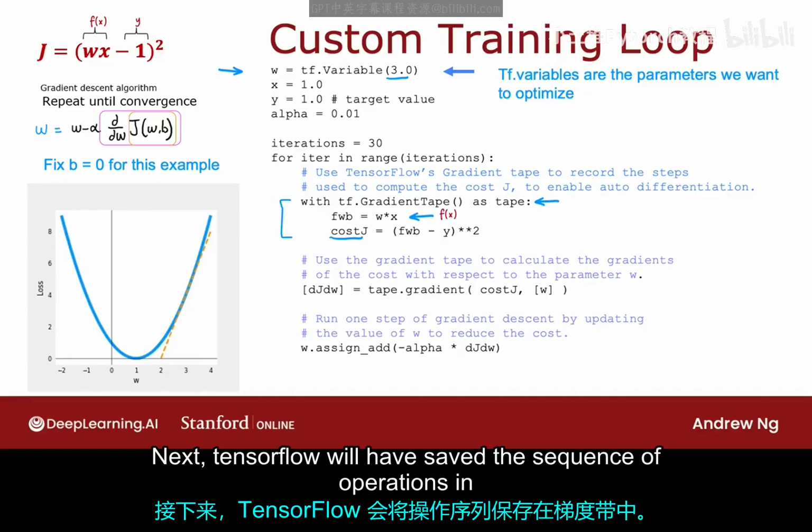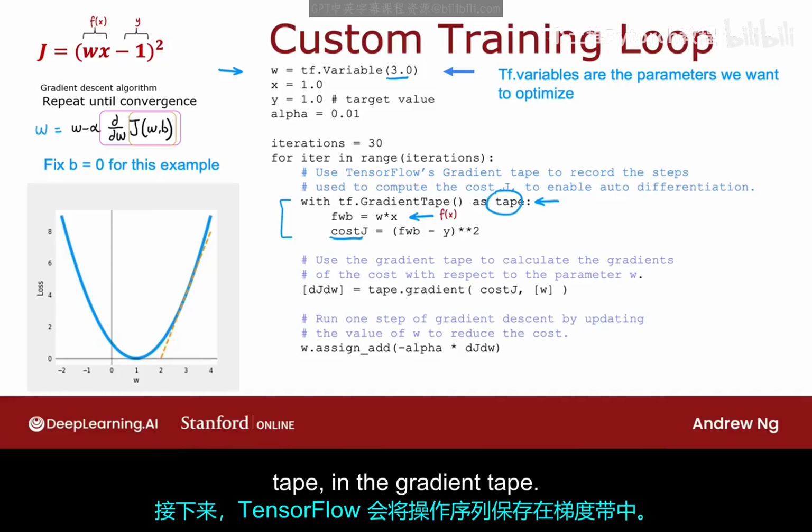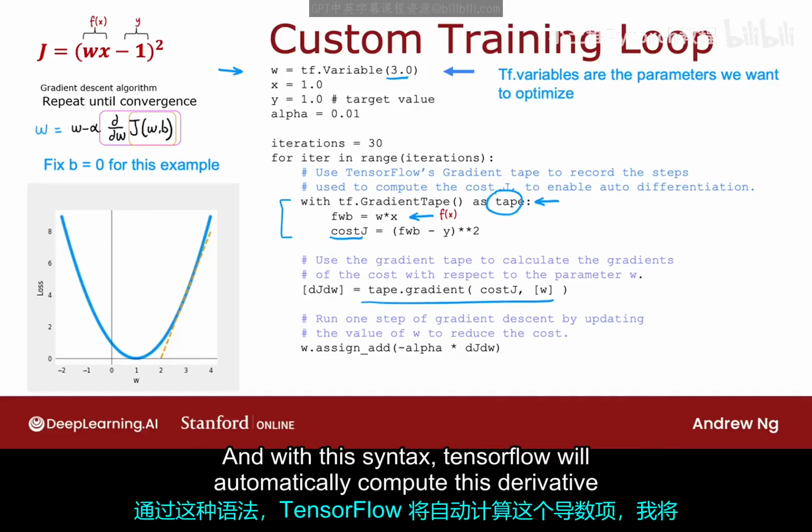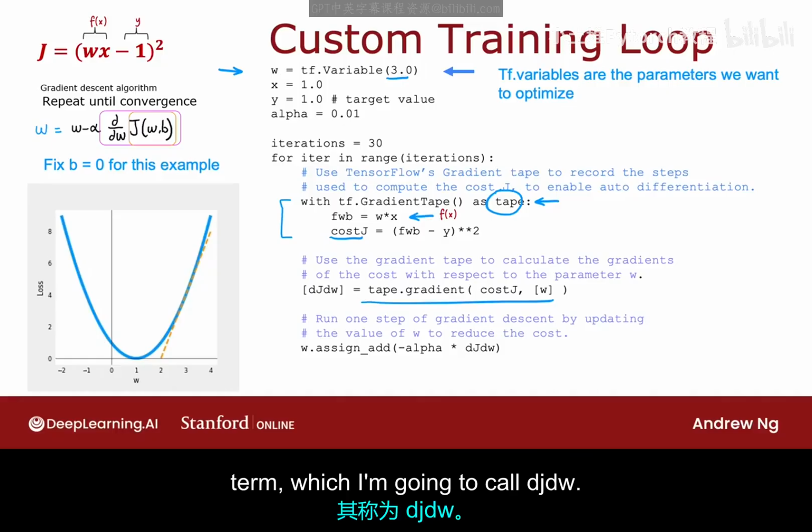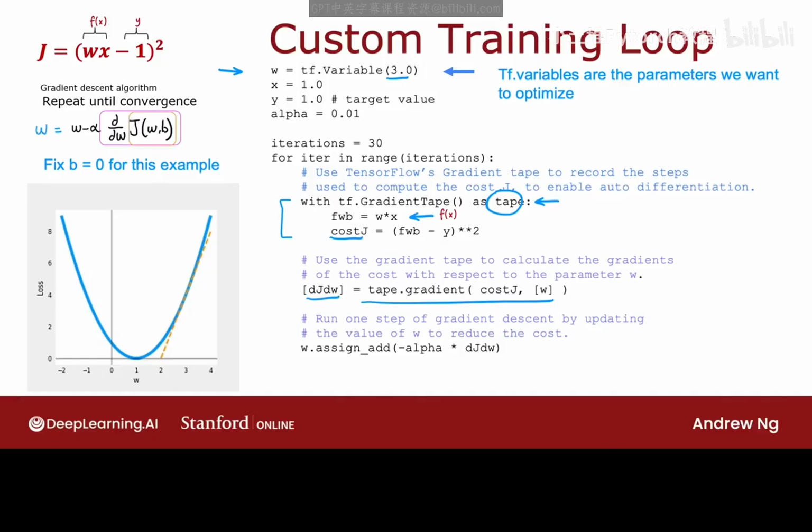Next, TensorFlow will have saved the sequence of operations in tape, in the gradient tape. And with this syntax, TensorFlow will automatically compute this derivative term, which I'm going to call dJdw.